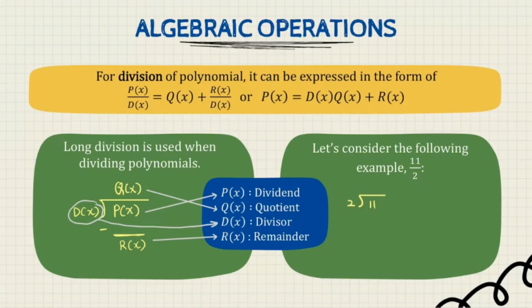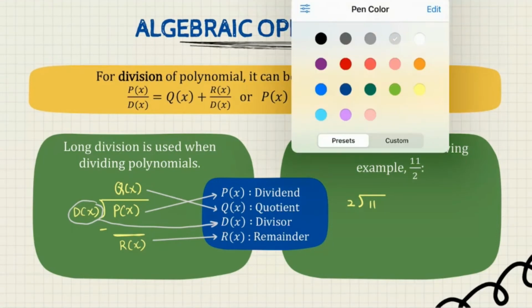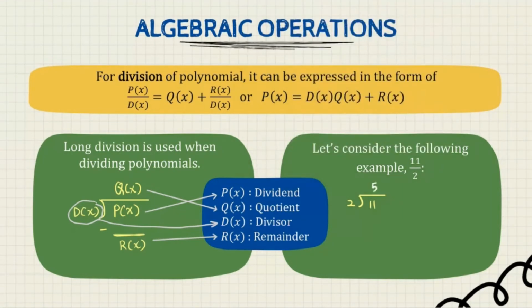5. 5 times by 2 will be? 10. Okay, betul. So sini kejap dia punya tulisan ni gelap sangat pula. Warna putih. Okay. So 5 times by 2 will be 10. So kita tolakkan 11 dengan 10, we have remainder 1.